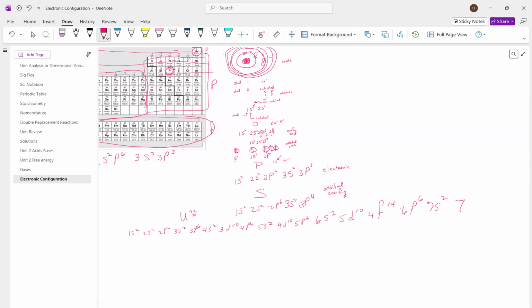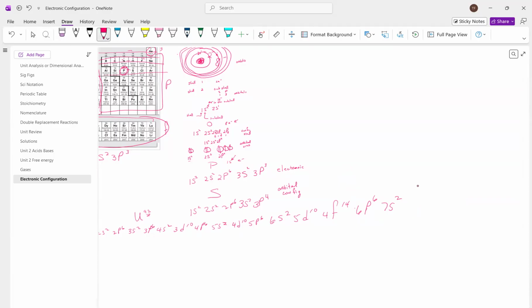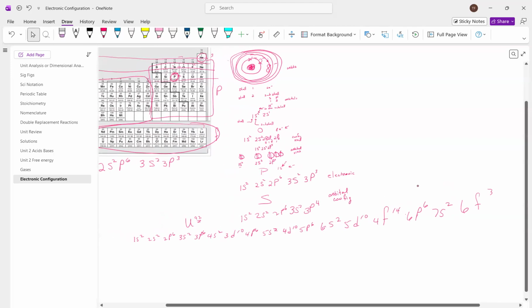It had to do with d and f electrons. Okay, so that's uranium. Kind of wild, huh?